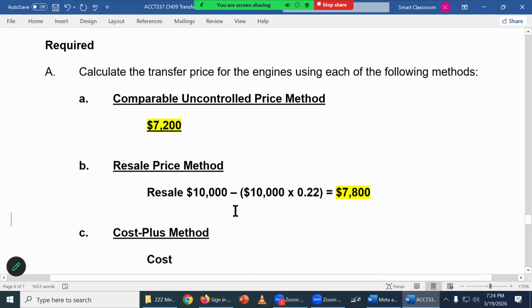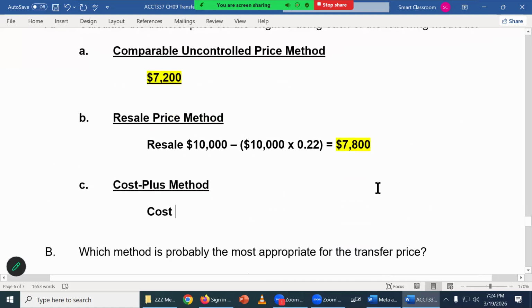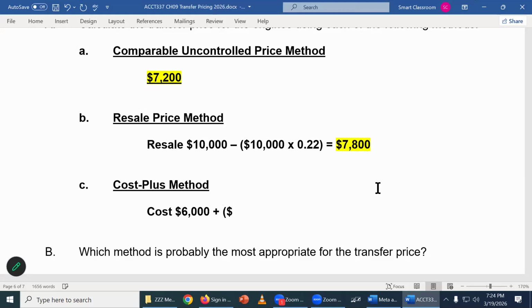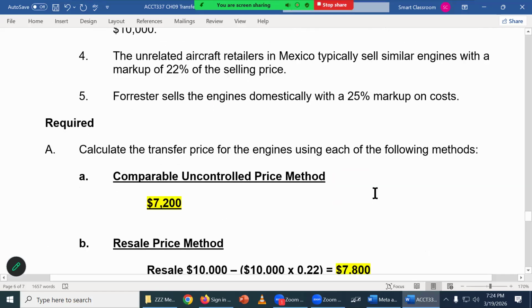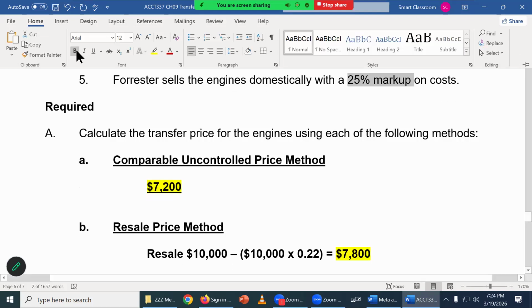So the US company is making these for $6,000 plus, again, this is on cost, 25%.